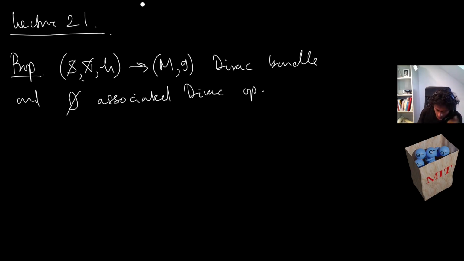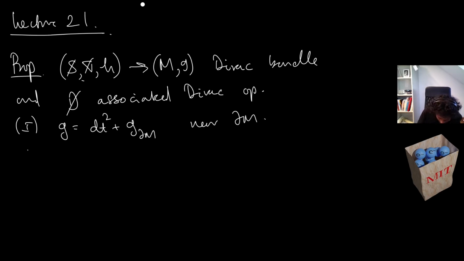So last time I just said that the metric G is dt squared plus G_M near the boundary, but actually we also need an additional condition, okay? And you can see that actually in the computation.